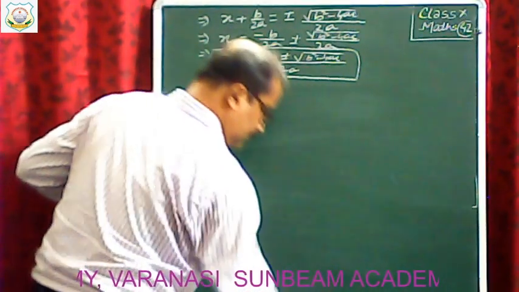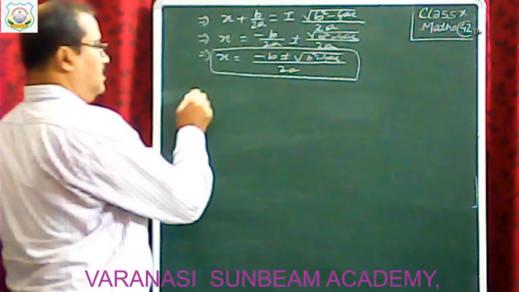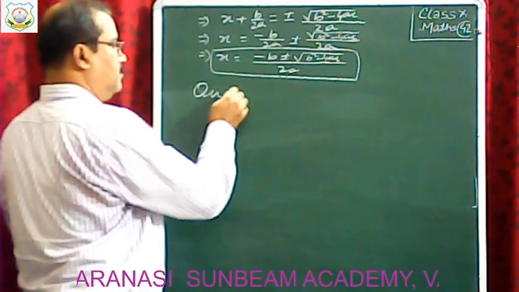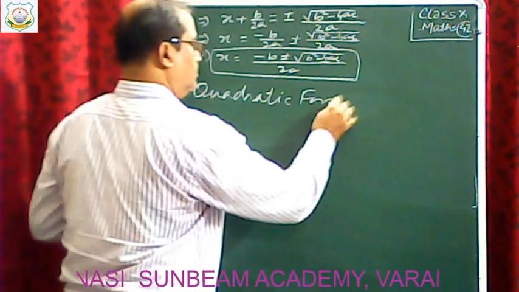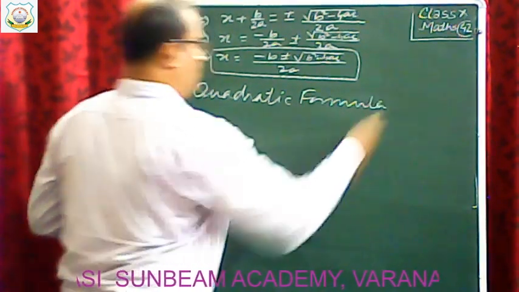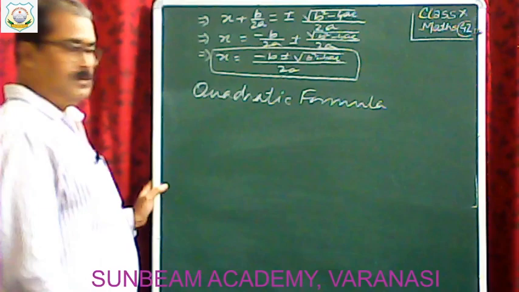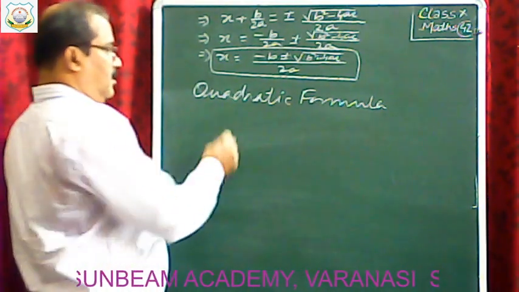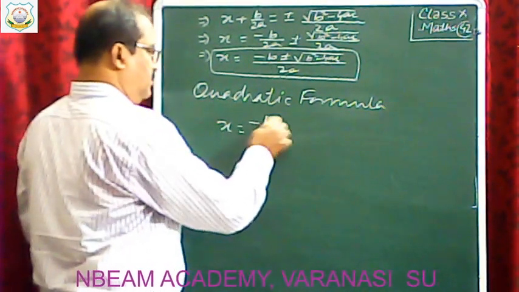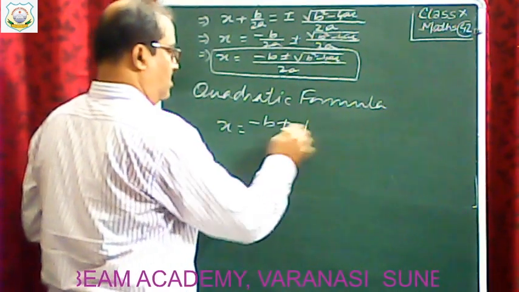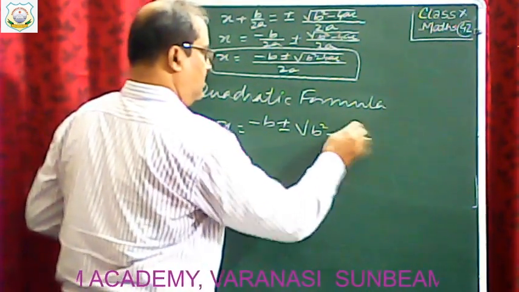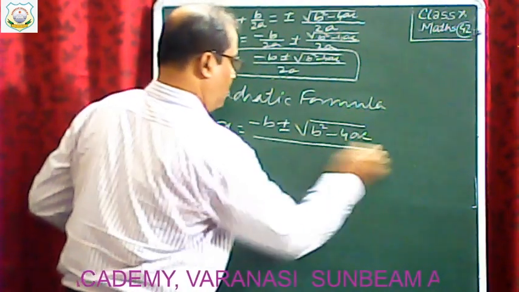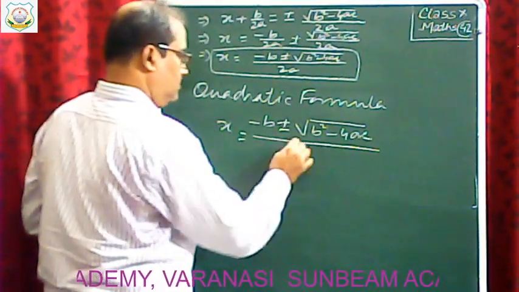Now again I am writing. The third method is the quadratic formula, known as Sridharacharya's rule also. So x equal to minus b plus minus square root b square minus 4ac whole upon 2a.